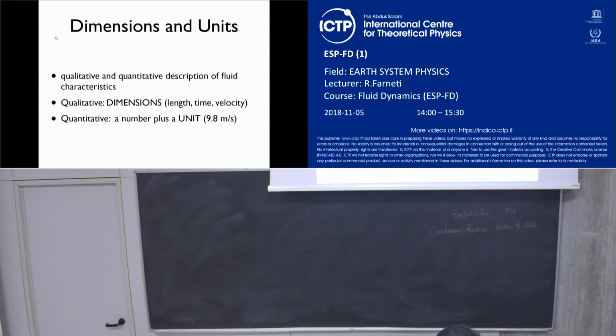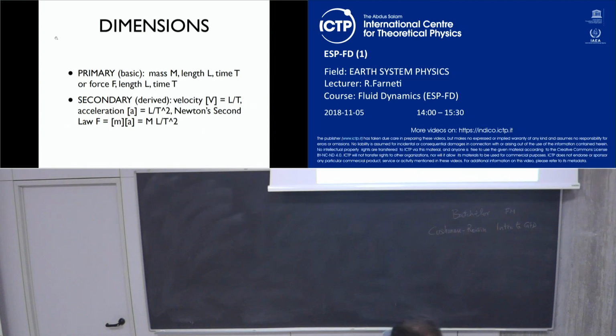Does it matter? Dimensions and units. Very boring. You can give a qualitative description of a fluid with dimensions, length and time and velocity, or you might describe it quantitatively, a number plus a unit, gravity 9.8 meters per second squared. What are the dimensions? There are primary dimensions and derived dimensions. Examples of primary dimensions: mass, length, time, force.